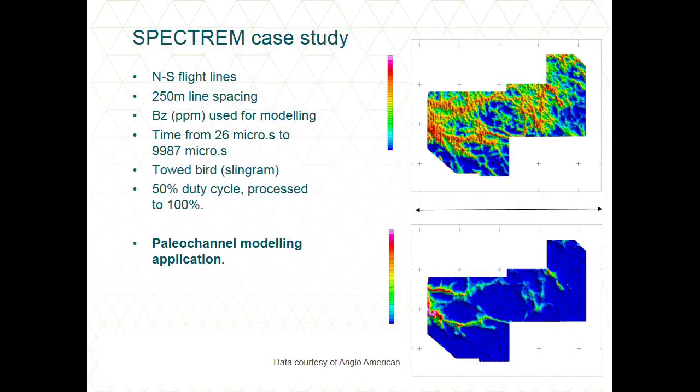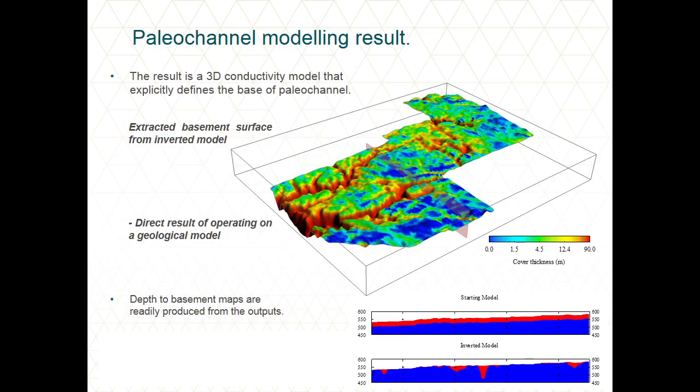On to a couple of airborne EM case studies where really exactly the same approach has been followed. In this case, a spectrum case study. This is one that Glenn presented during the conference. You can see the trace of the buried paleo channels within the original data. And here we're applying the same style of inversion to the airborne EM as we did just in the previous gravity example.